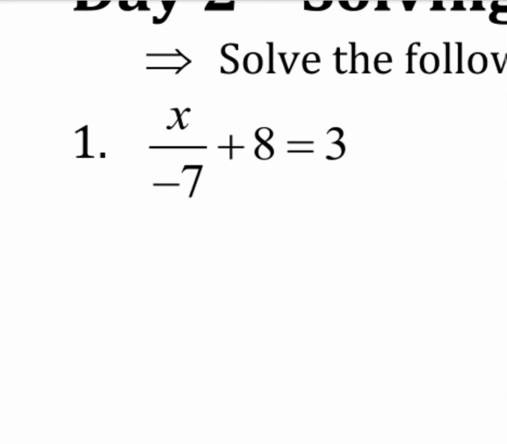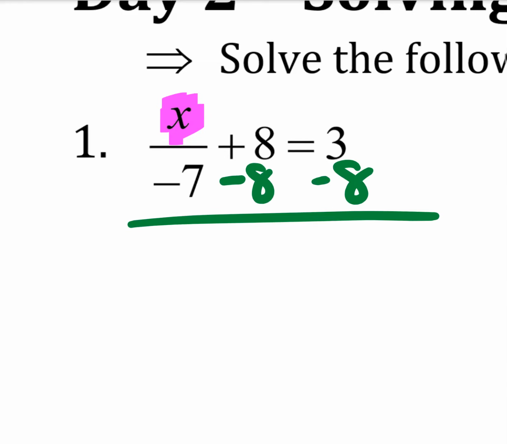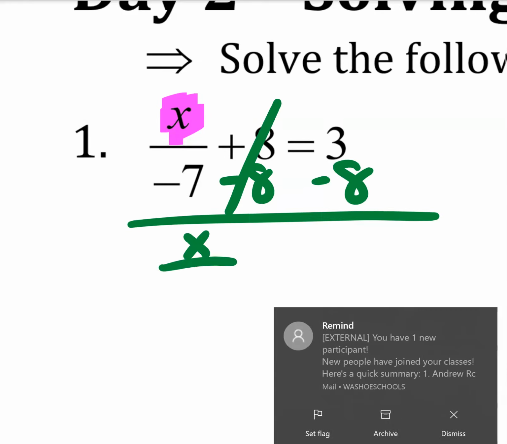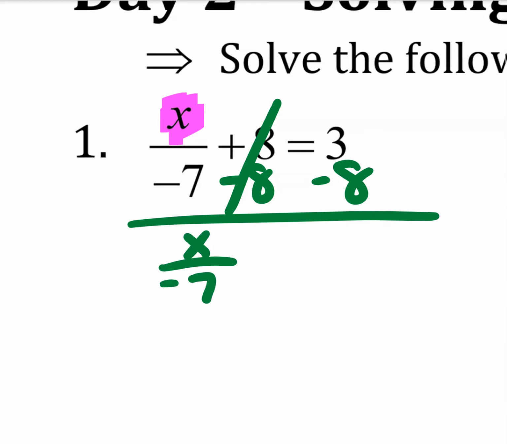Okay, so on number 1, solving for x. This should be some algebra review. Most of you guys know, first thing you do, you're going to subtract that 8 on both sides. So I have x over -7 equals 3 minus 8, which is -5.